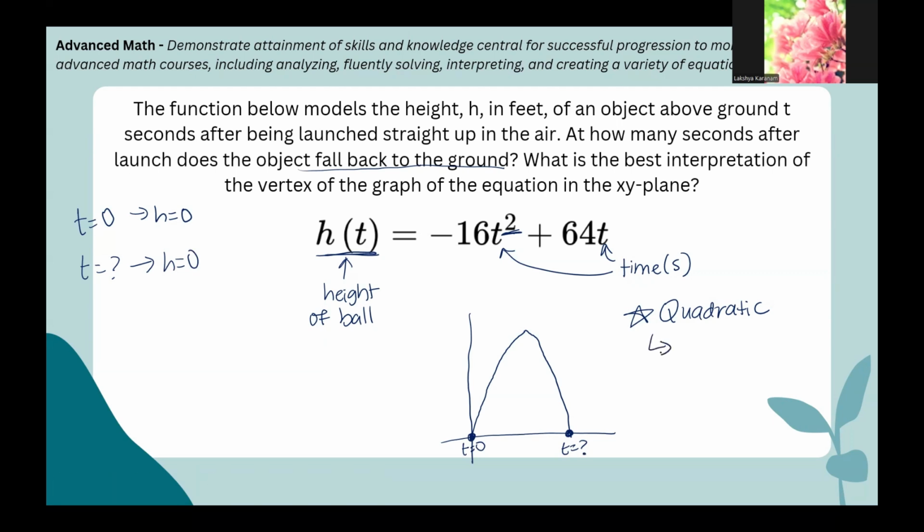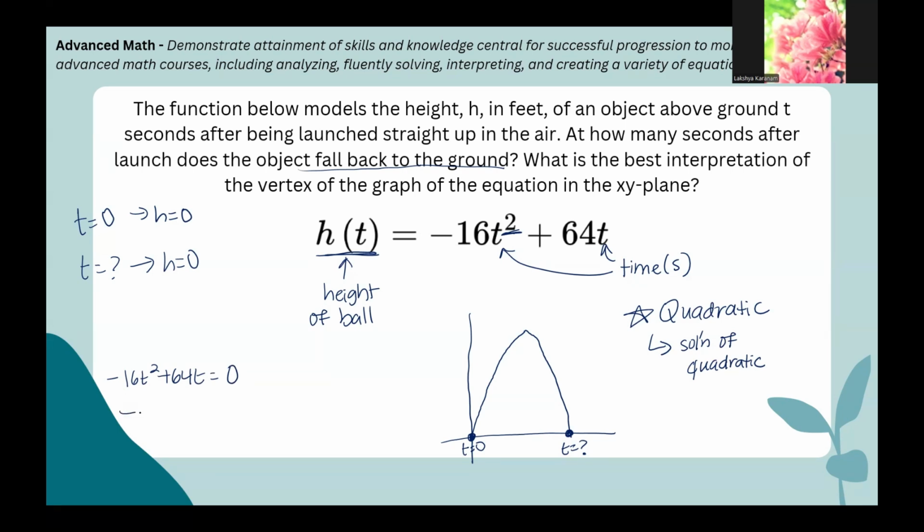You want to find the solution of this quadratic. Well, we know how to do that, right? We need to get this quadratic into standard form and set it equal to 0. Well, it's already in standard form, right? There's no constant, so that just means c is equal to 0 in this case. But we can set our expression in standard form: negative 16t squared plus 64t equals 0. And now we can solve it, right?